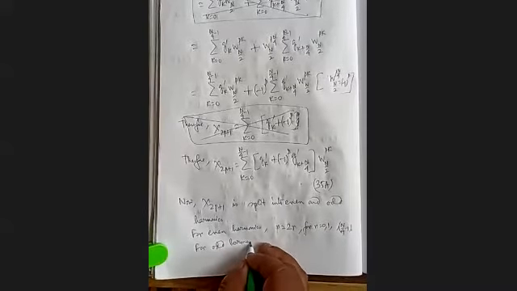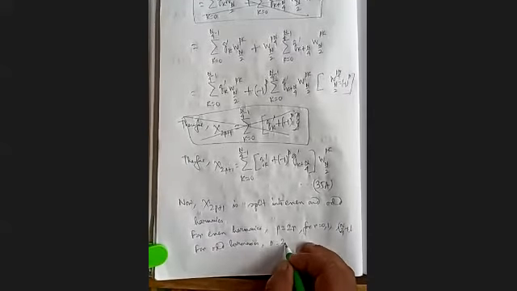For odd harmonics, p equal to 2r plus 1, for r equal to 0, 1, 2 up to N by 4 minus 1. Now what happens to the even harmonics? I'll write it on the next page, page number 5.